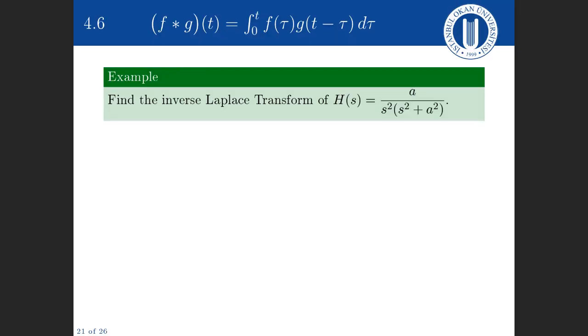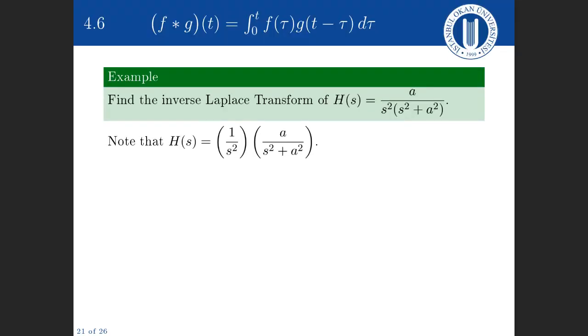So, for example, if we wanted to find the inverse Laplace transform of a divided by s squared times s squared plus a squared, we don't have to use partial fractions if we didn't want to. We could use convolutions. We have 1 over s squared multiplied by a over s squared plus a squared. We know that the Laplace transform of t is 1 over s squared, and we know that the Laplace transform of sine at is a over s squared plus a squared.